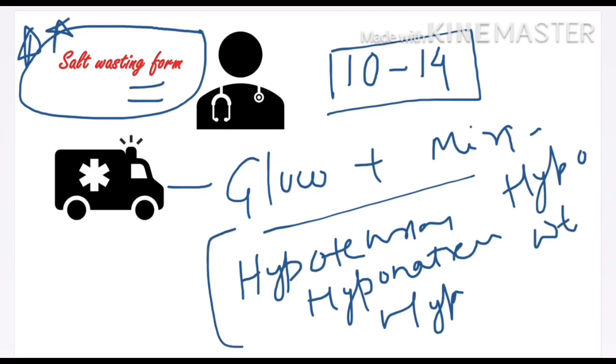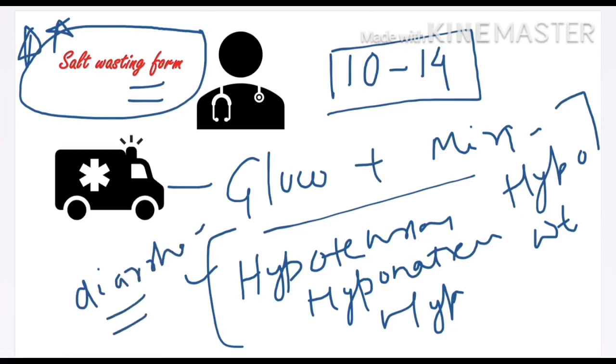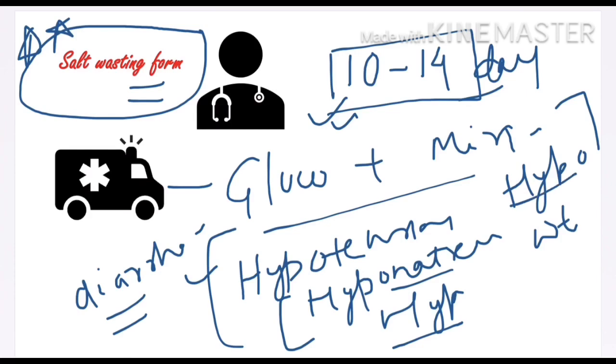These are the usual presentations, or the child comes with diarrhea and shock. If you don't diagnose this condition, the child is going to die. If at 10 to 15 days a neonate presents with diarrhea, dehydration and shock, you must think of this as one of the differentials if you get lab findings of hyponatremia, hyperkalemia and hypoglycemia.